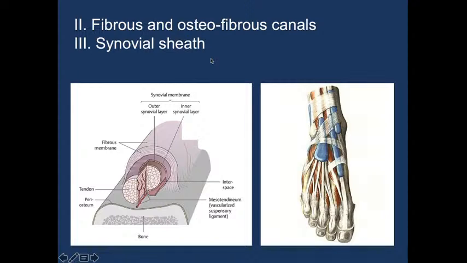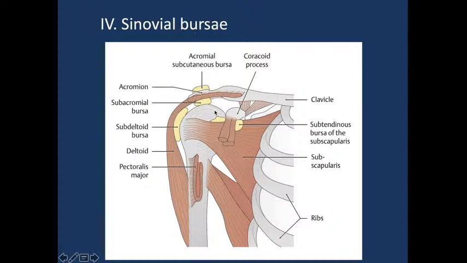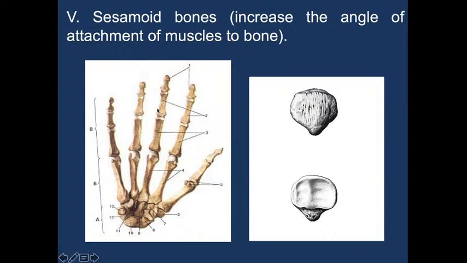And synovial sheath, I told you when we had arthrosyndesmology lectures, is a special combination of synovial sheath and tendon which reduces friction. I informed you about synovial bursa as well, and sesamoid bones, they also help muscles to work.